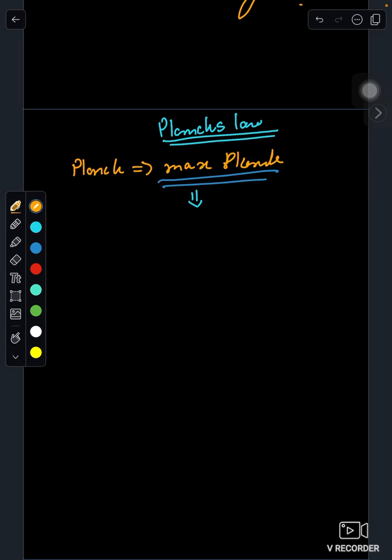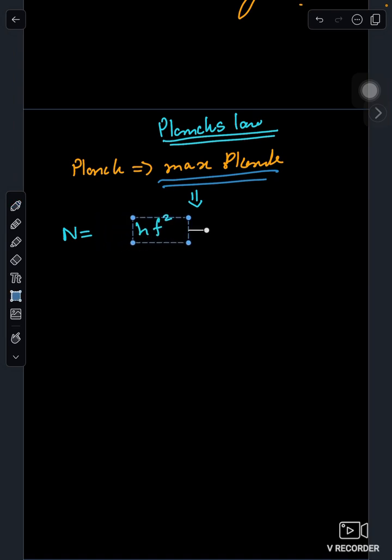When he made an equation, n equal h, wait, sorry, n, 8 pi over c cubed.